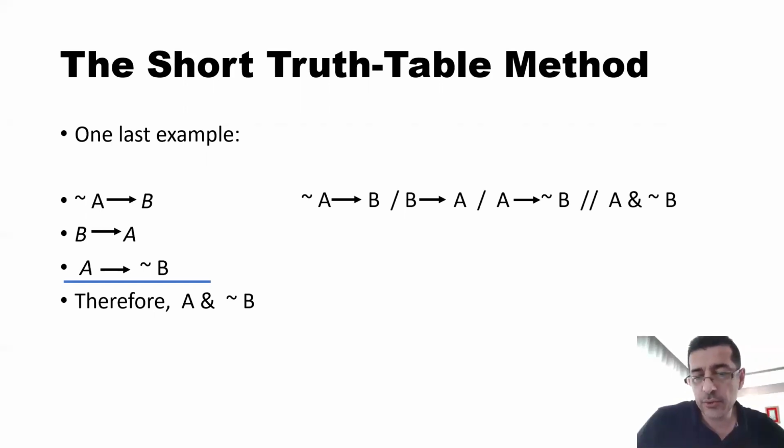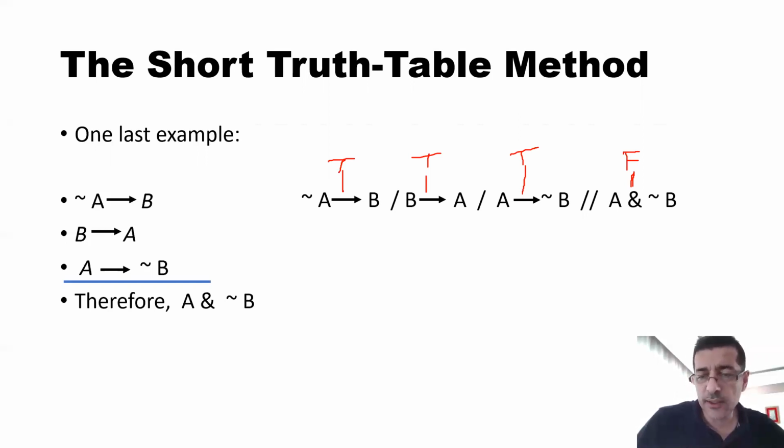I'll have to prove that this one, because this is the main operator, is false, but that the rest of the premises are true. So this one should be true, this one should be true, and this one should also be true, okay?